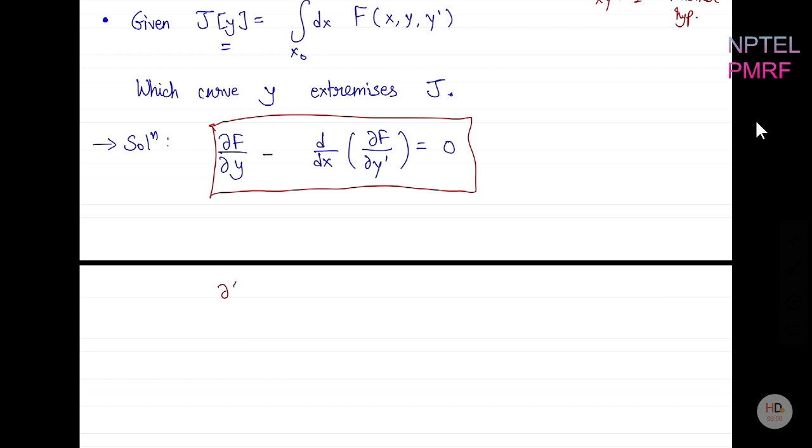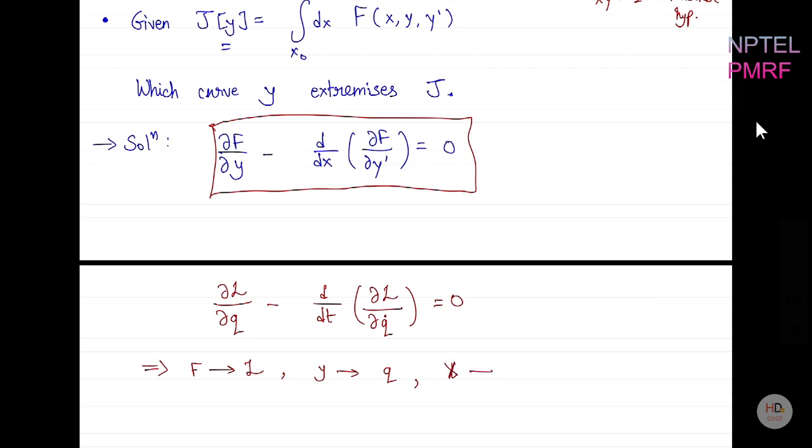Because we knew the other equation which looked very similar to this, which was d/dt of ∂L/∂q̇ equals 0. And that means f is actually the Lagrangian, y is actually the generalized coordinate, and x is actually the time, right?